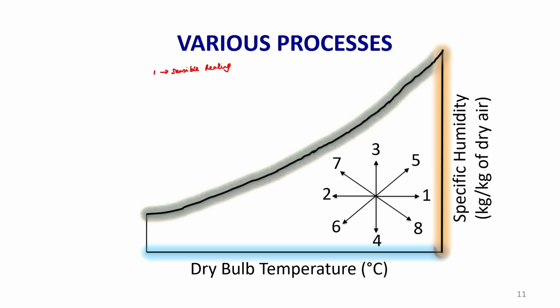So, this is like a wheel. 2 is opposite to 1, sensible cooling.